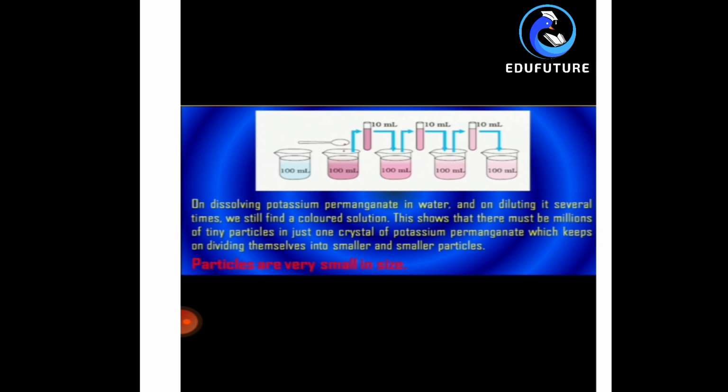You will observe the color has changed from deeper to less deep. Right? But you still observe a colorful solution. This shows there must be millions of tiny particles in just one crystal of potassium permanganate, which keeps on dividing themselves into smaller and smaller particles. So that means particles are very small in size.